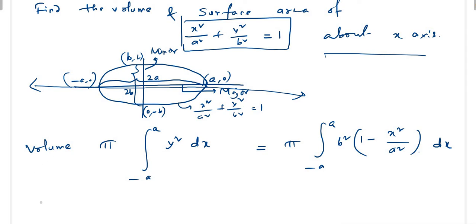And of course, for surface area you need to find out dy by dx. So let me just take the next page. x square by a square plus y square by b square equal to 1, and the formula for surface area. If you know the formula of surface area, it is easy to calculate.